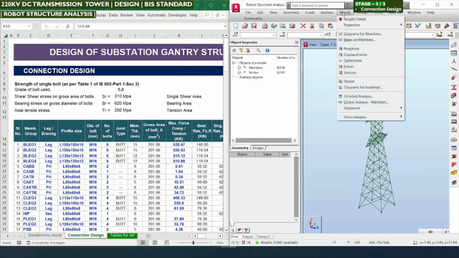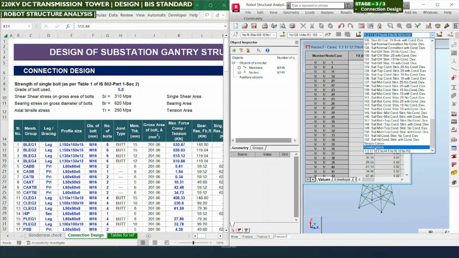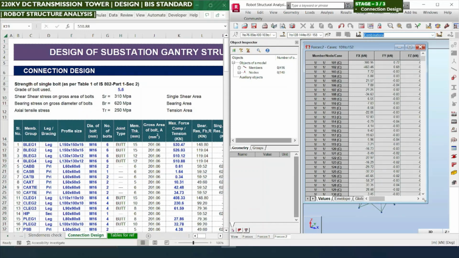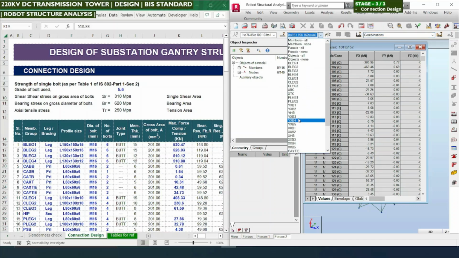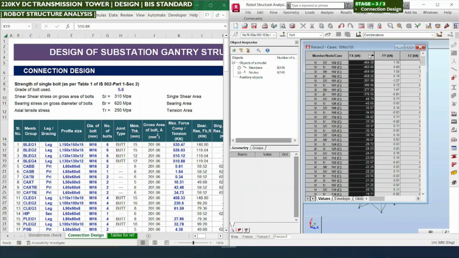Now go to the results, click forces, always select these combinations in the load list, and here we need to select as per the leg member group 1. If you select it, you need to press this double time so that it will show you the maximum and minimum values.